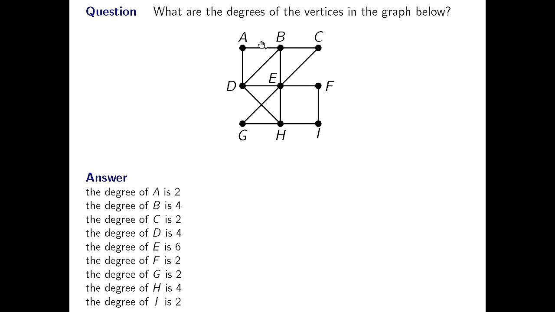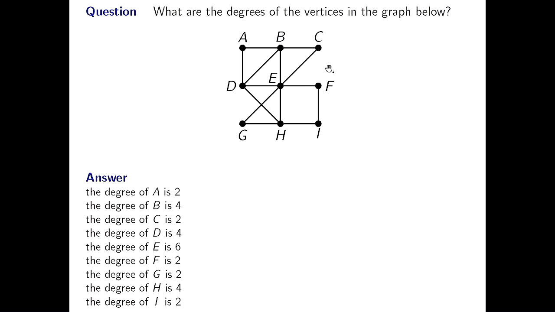So the number of edges here is 1, 2, 3, 4, 5, 6, 7, 8, 9, 10, 11, 12, 13. Did I miss one? Because it should have been 14. Yep, 14. So in this case, 28 here is twice the number of edges here.